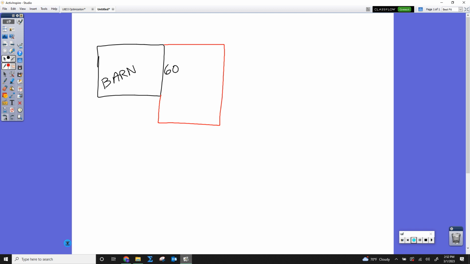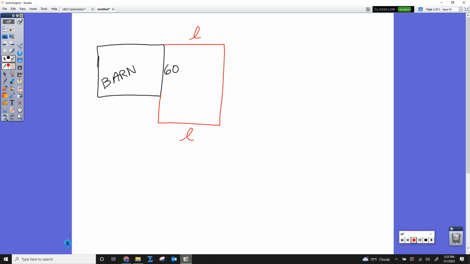And then this is very similar to what we did earlier. This would be our length. And there's two approaches here. Some people actually call this the width. So if that's our width, this little piece left over here would be our width minus the 60 feet that the barn captures. Now some people will go all the way around.